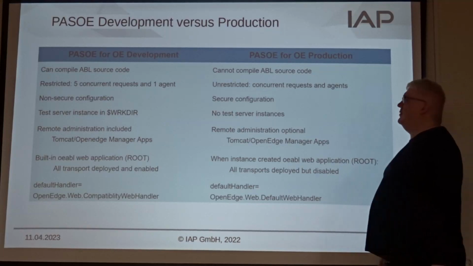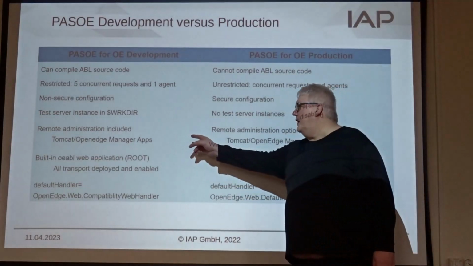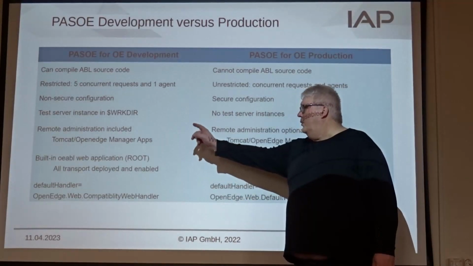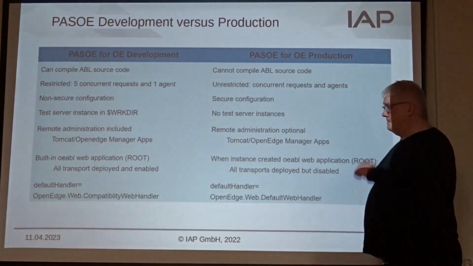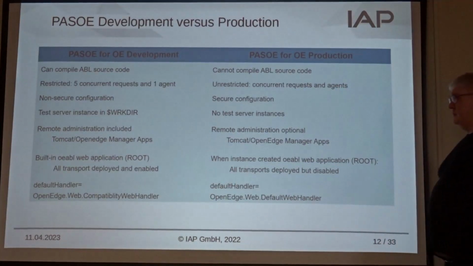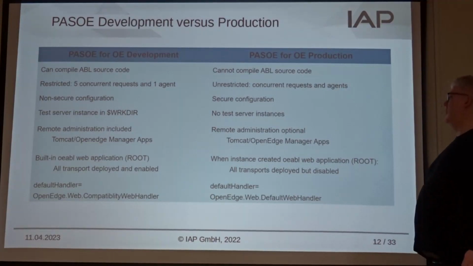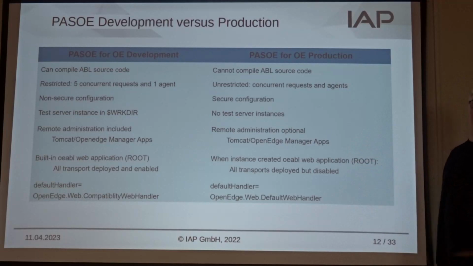So that is not switched on, and you can also reach the administration. All transport layers are enabled, you can connect directly. In the production mode, you have to switch everything on.